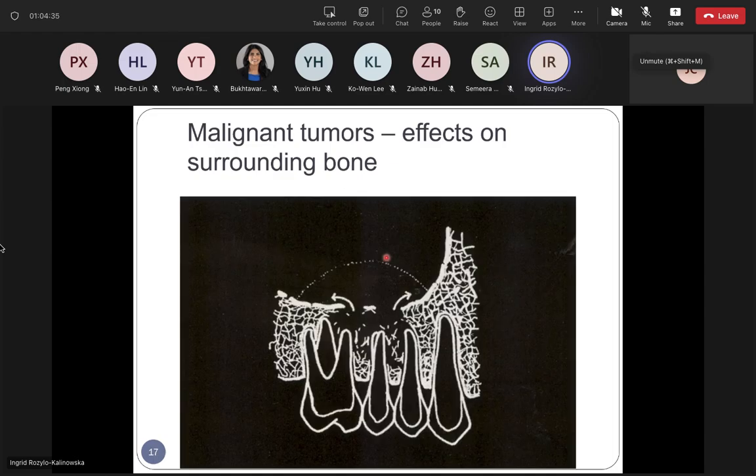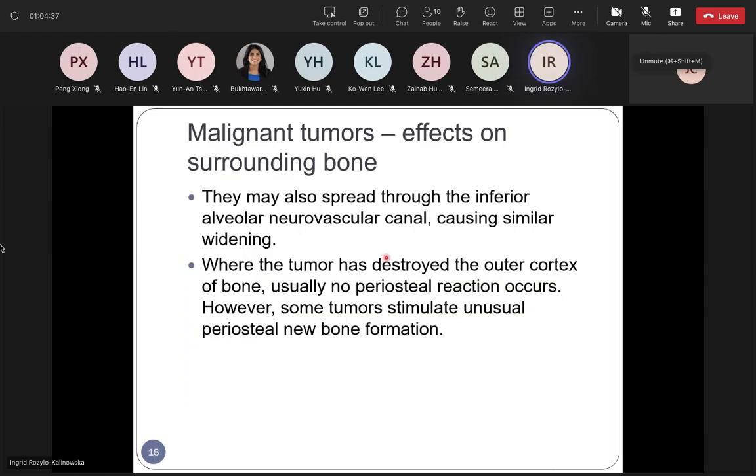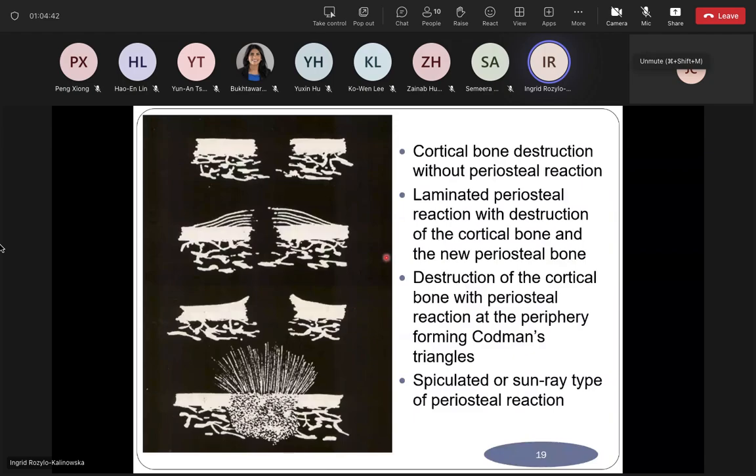And they also produce periosteal bone reactions, some of them. I have already highlighted the issue of periosteal new bone formation in our first meeting on general symptomatology of head and neck examinations.